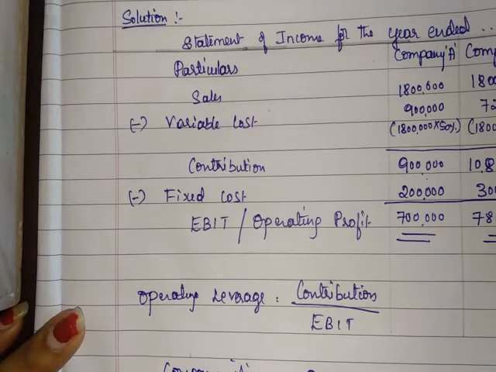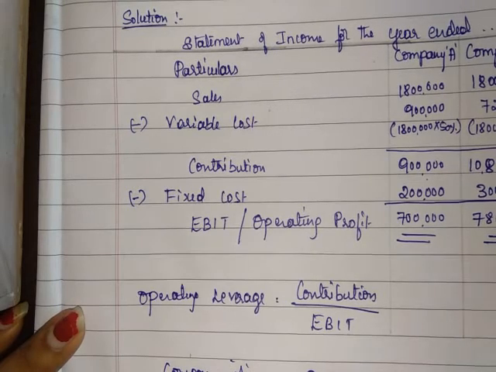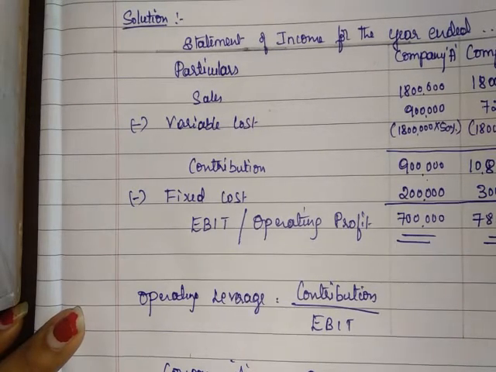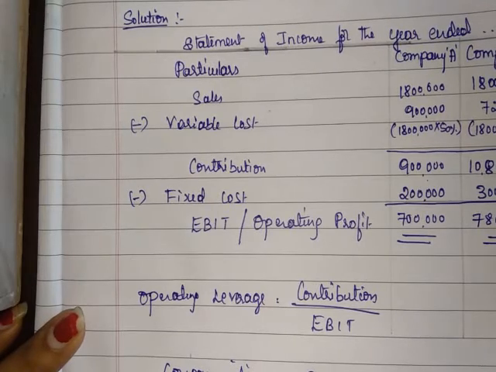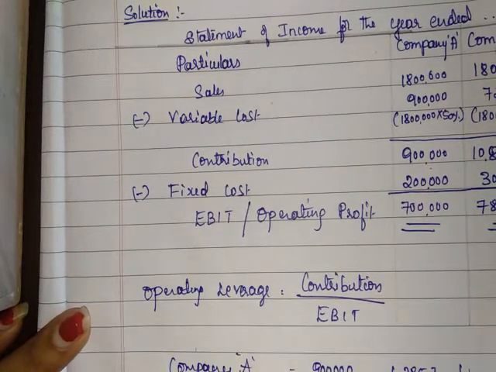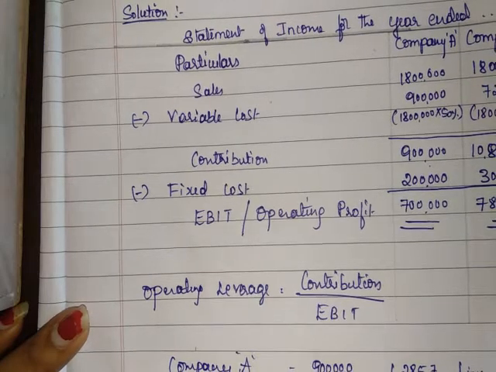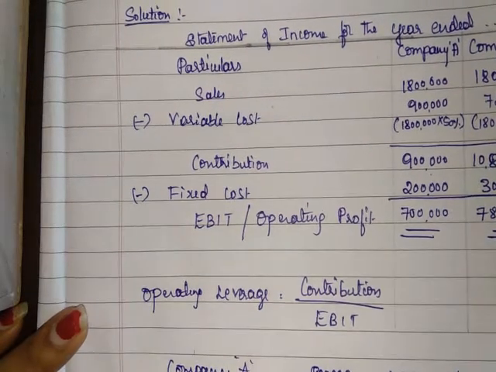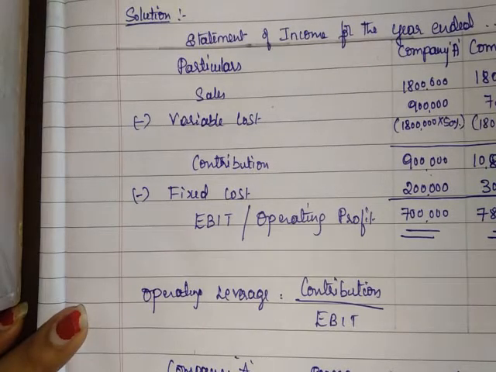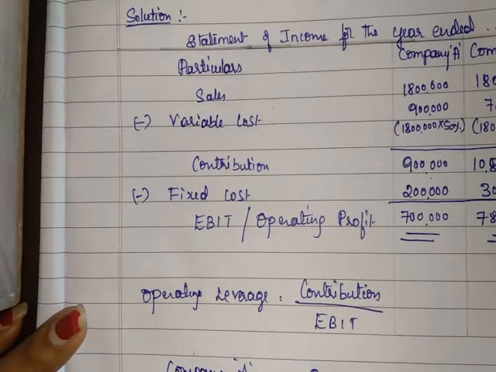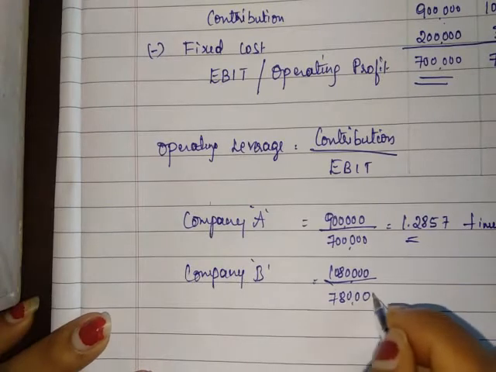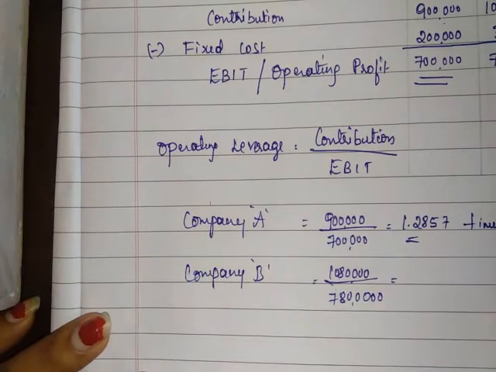So operating leverage is 1.2857 times. Then company B: 10 lakh 80,000 divided by 7 lakh 80,000.